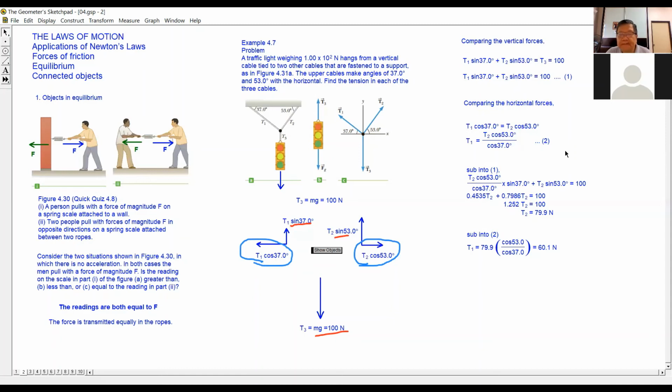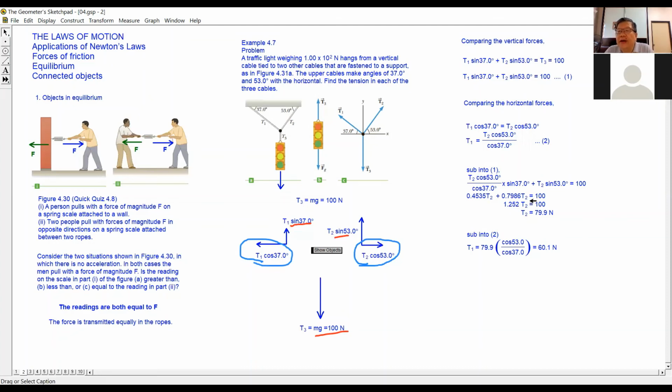What's the answer? Give me a sec. How much do you get? Divided by cos 37, 0.45 something. You have to get more decimal places. Is it 0.4535?